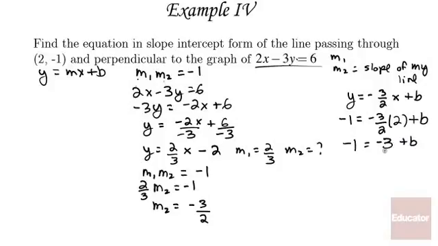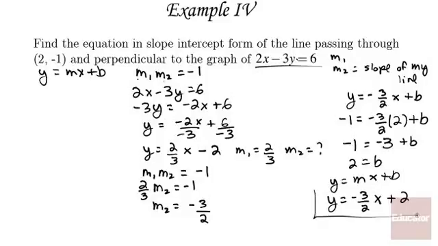I'm going to add 3 to both sides, which is going to give me b equals 2. So now I have the slope, I have the y-intercept. So I can write the equation for this line in slope-intercept form. Slope is negative 3/2. B is 2.